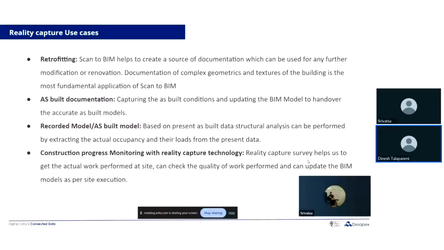And also construction progress monitoring, which I was talking about: progressively scan to get the exact quantity of work. Say certain works are done. I'll have a case study for this construction progress monitoring and explain it there in detail. We can also do floor flatness and floor levelness checks to understand whether they meet your contractual requirements.